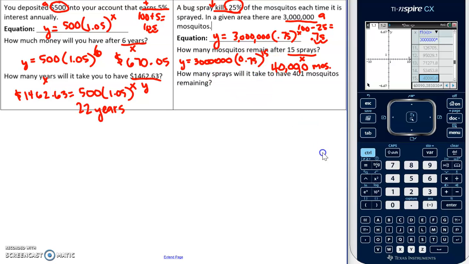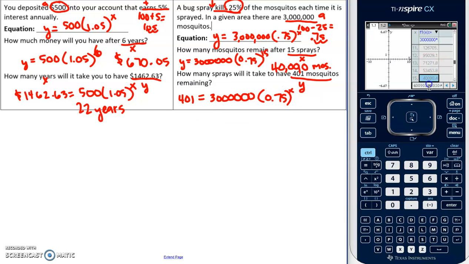And then it says, how many sprays will it take to have 401 mosquitoes left? So I'm looking for x now. So 401 is what I want left. Should equal 3 million times 0.75 to the x power.